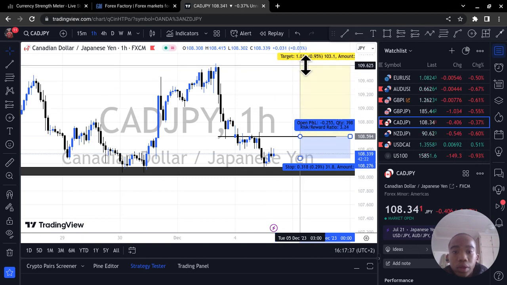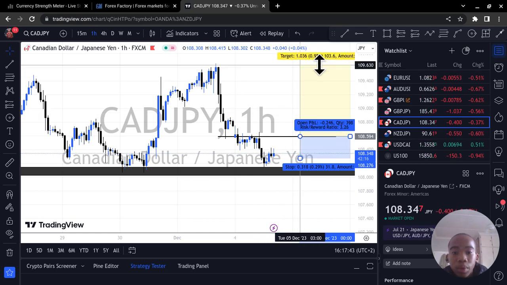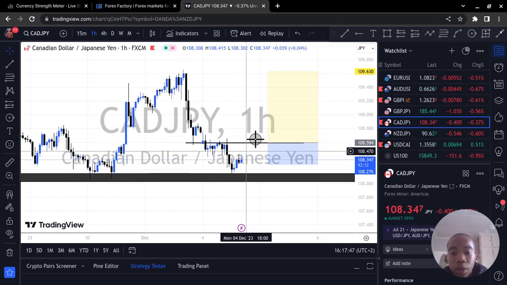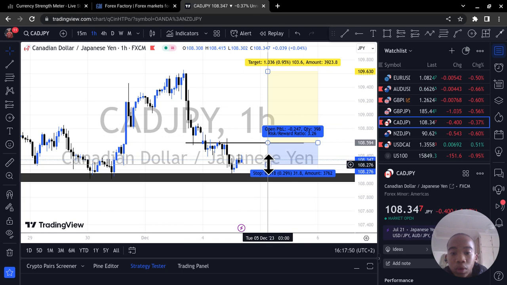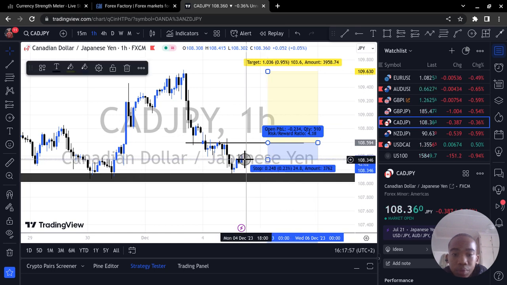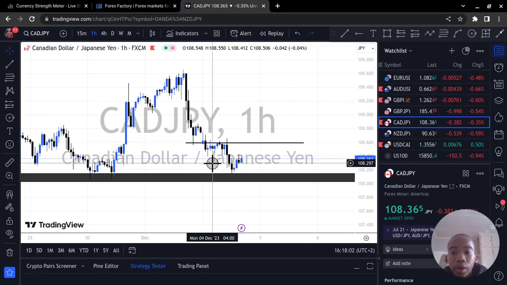Get us a nice safe entry, you know what I'm saying? Then price will give us lows, and we'll set a stop loss towards the lows. But I'll be looking at a risk to reward of 4. That's what I would be looking at for this pair essentially.